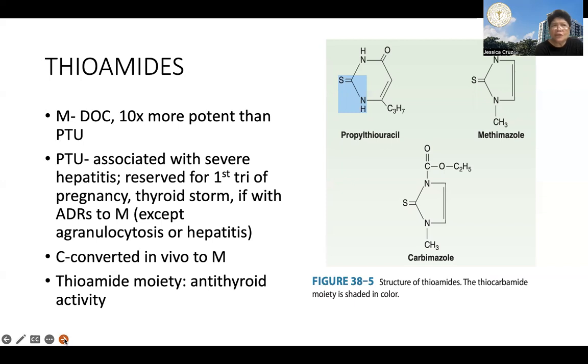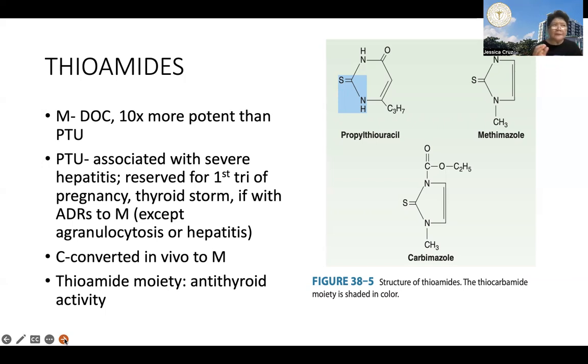Now, PTU has been associated with severe hepatitis. But PTU is more bound to albumin in the blood, so it has more protein binding. And when it's bound to protein, it does not readily enter the placenta, the fetoplacental circulation.